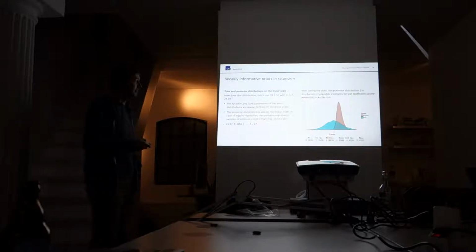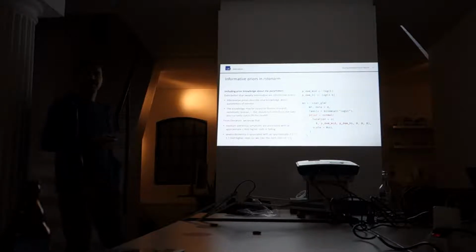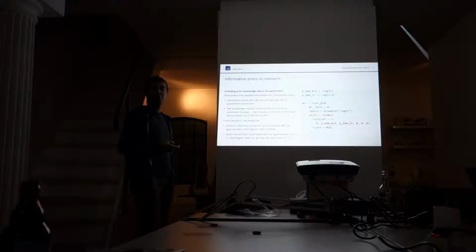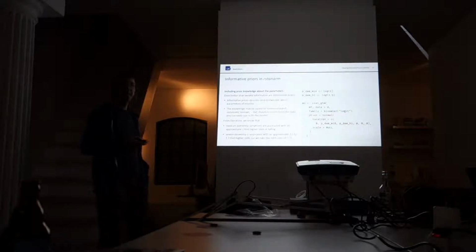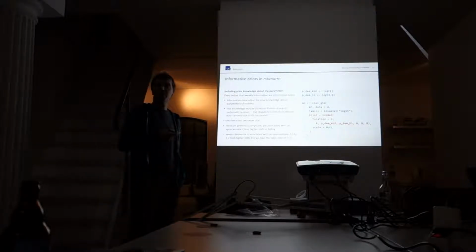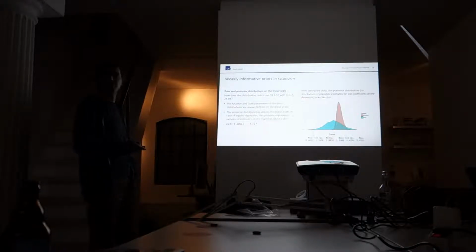The next thing is we can use informative priors, and this is a little bit more difficult, because with weakly informative priors, you just run your model and have the results. Informative priors means you have certain knowledge about the distribution of your parameters. Here you assume you have no knowledge, so you assume a neutral distribution.